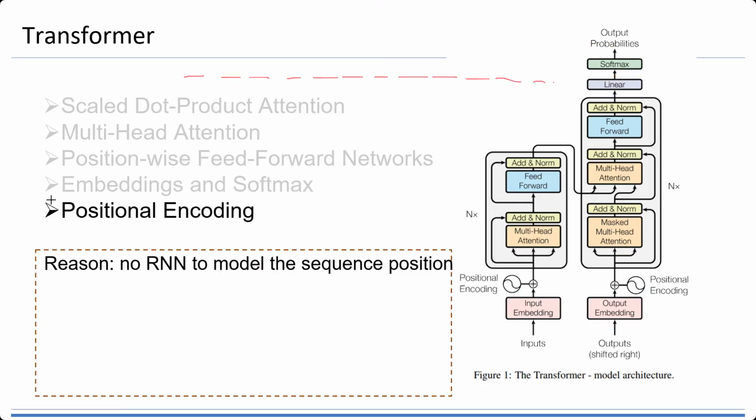So we need to know where the position is. The reason that the positional encoding was developed was the RNN. There is no RNN to model the sequence position, so we do not care about the position. That's why some of the researchers proposed the positional encoding.